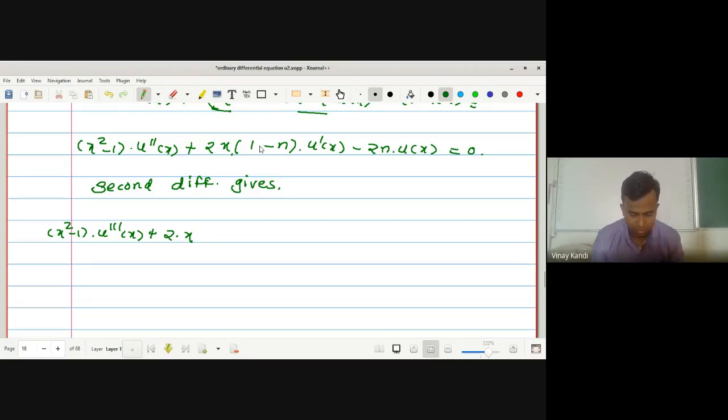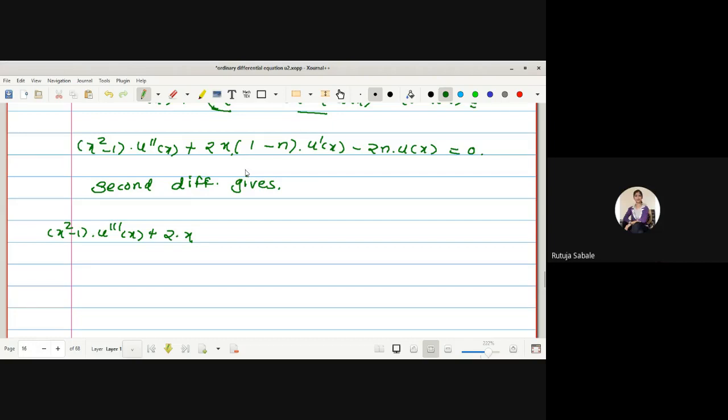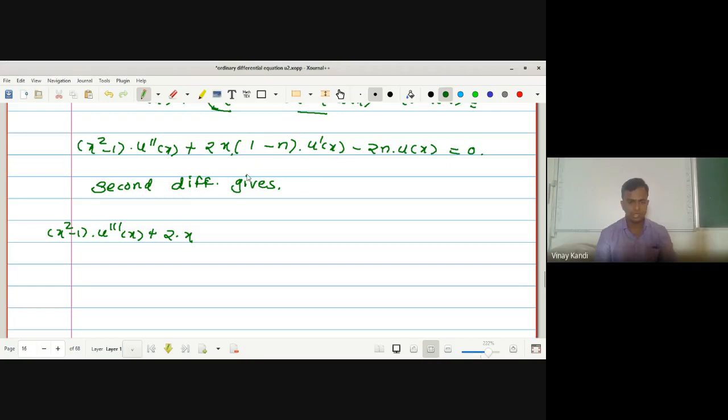Wait a minute, second differentiation. First as it is, derivative of second. सर फर्स्ट टर्म मध्ये डेरिव्हेटिव्ह आहे की एक्स स्क्वेअरचं 2x. Wait, wait, wait. 1 plus n, 1 minus 1 together, 2x.